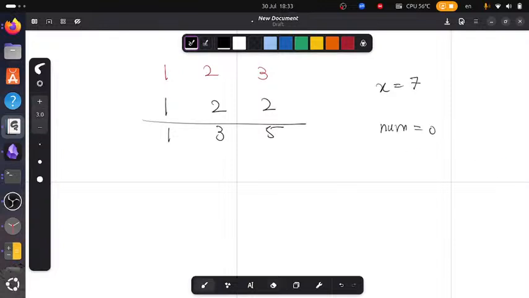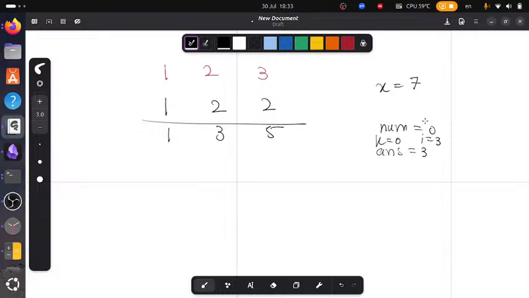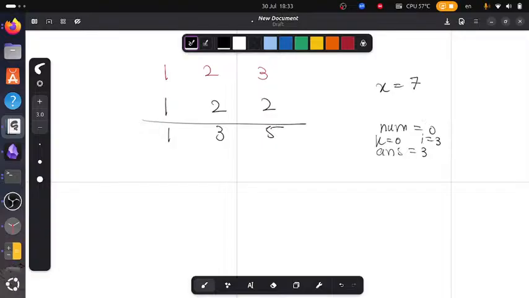So our answer becomes 3. And the value of k is 0, I into 3. Number of days remains 0 and then gets incremented the next day. So number of days becomes 1. And the answer is 3.